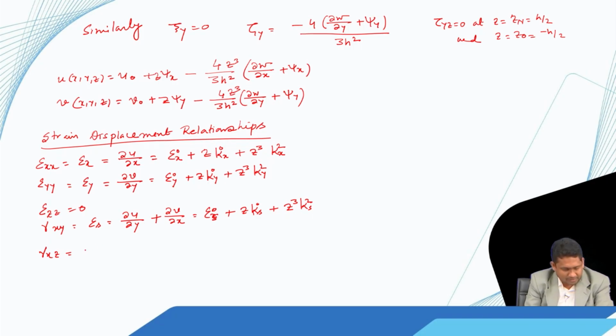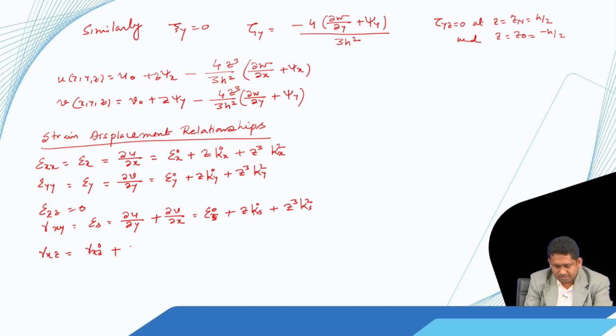which we can write as gamma x z 0 plus, that will come from differentiating this quantity.